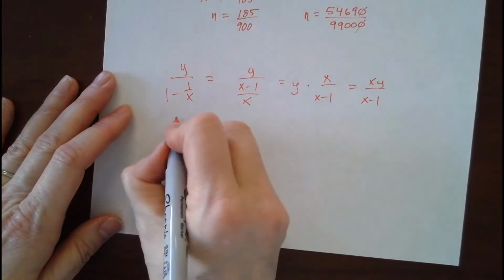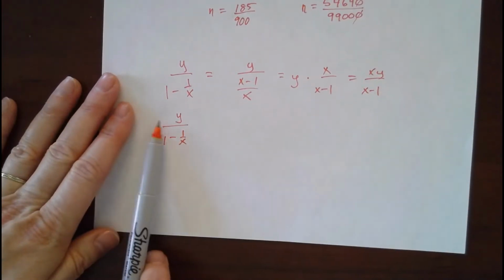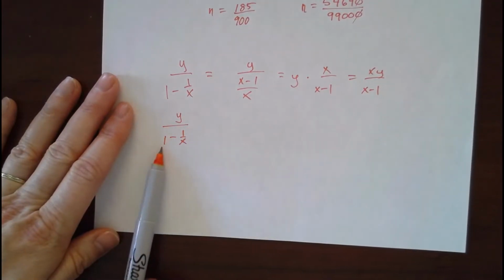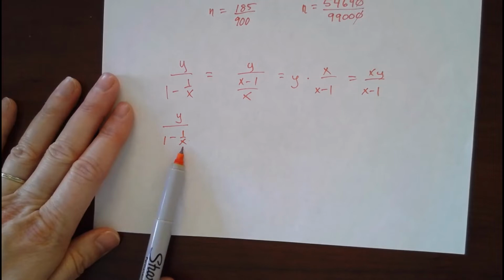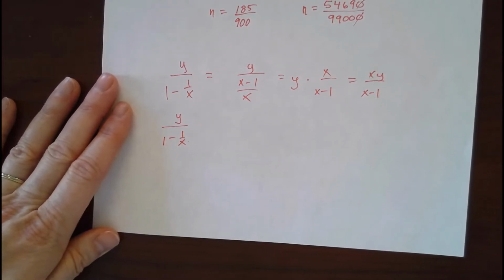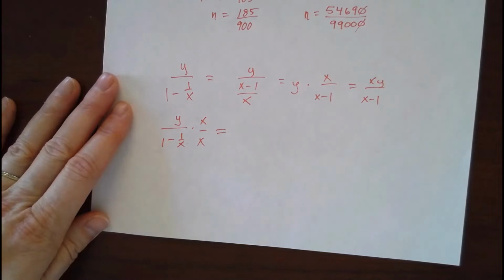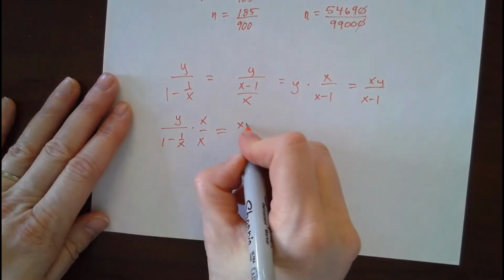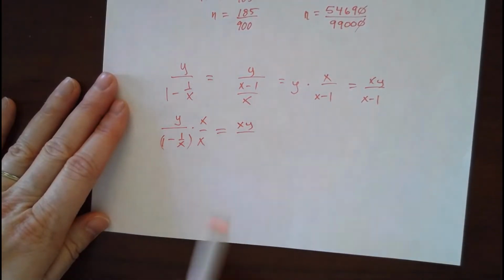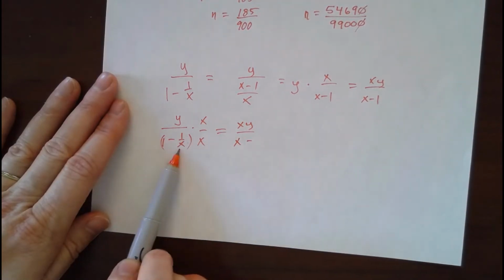I personally think it's easier, okay, to look at all the denominators. Well, this has a denominator of 1, this has a denominator of 1, this has a denominator of x. Then take the least common denominator of all of the denominators, or the least common multiple, which is x, and just multiply by x over x. Okay, so here I get xy, and when I distribute there, x times 1 is x, and x times 1 over x is 1.